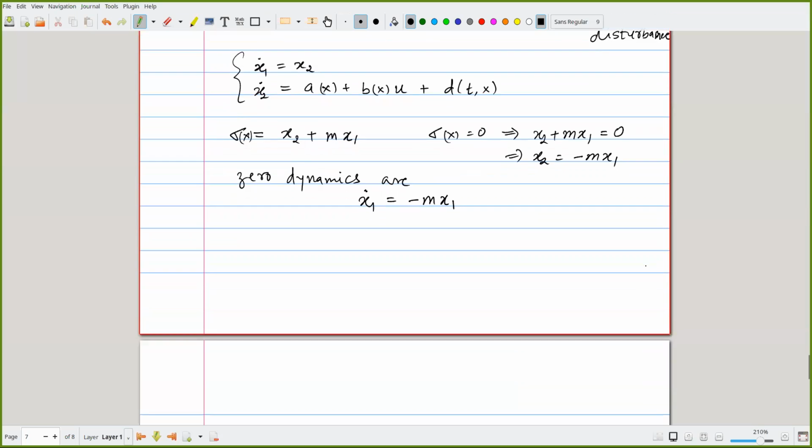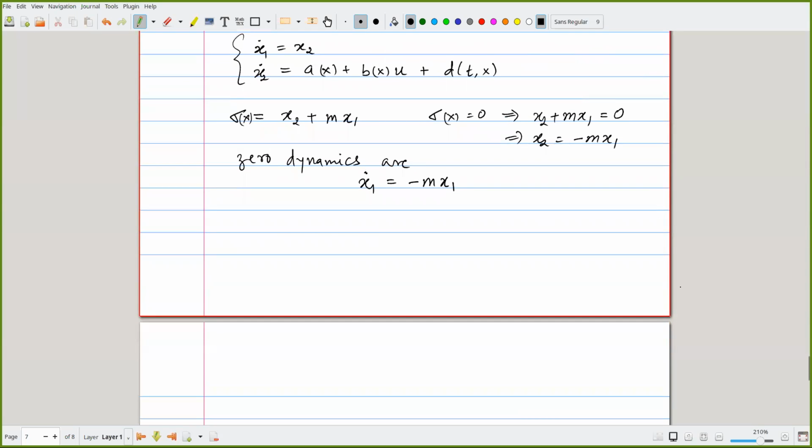And when we want to design the sliding mode control to make sigma equal to 0, what shall we do? We will find the time derivative of sigma. That will be x2 dot plus m x1 dot, that will be equal to a(x). I'm just using these two different x's to denote a vector and a scalar, right? So it is just a habit. This x denotes a vector and this x denotes a scalar.